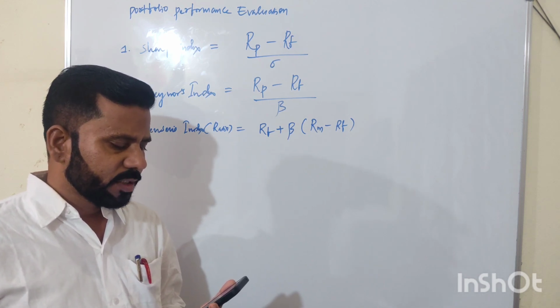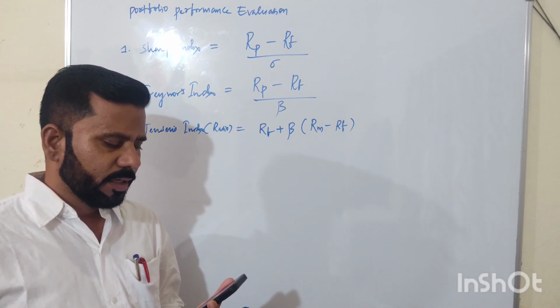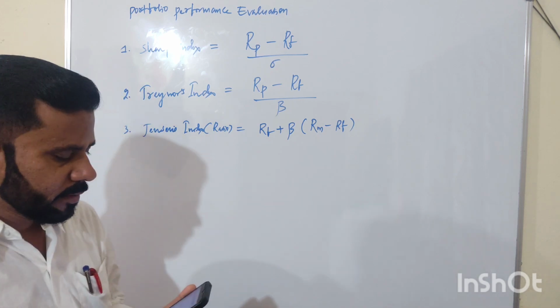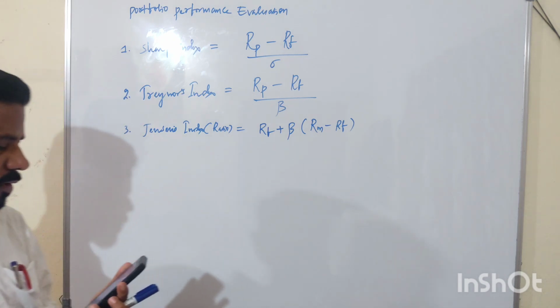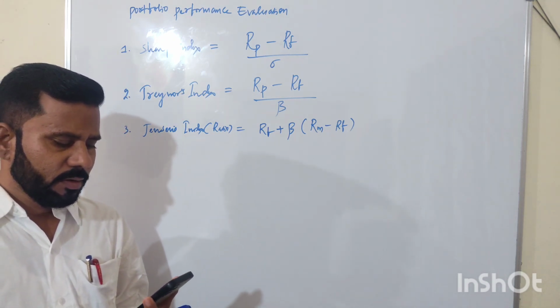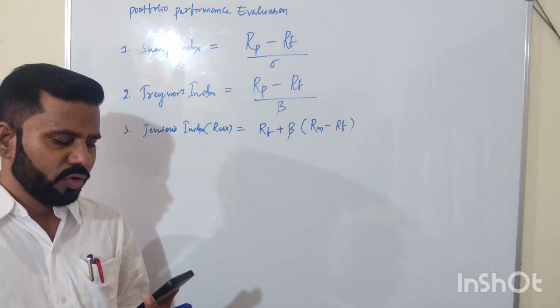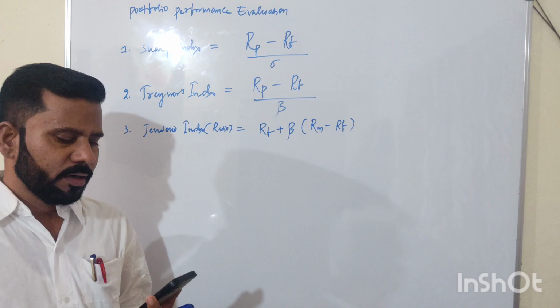The respective standard deviations are 15% and 18%. The mean return for the market index is 12, standard deviation is 8, while the risk-free rate is 8%. Compute the Sharpe index for the portfolios and market.